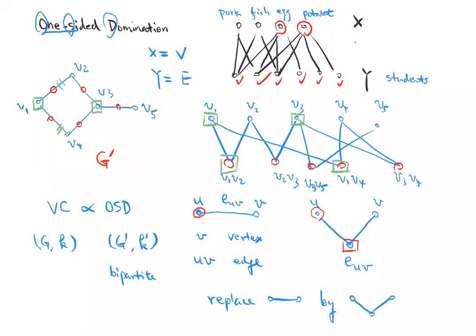K prime is the same as K, because the vertices we use for G prime are exactly the vertices in the vertex cover on the X side. We use vertices on the X side to dominate, so it's exactly these two vertices. Other vertices on the X side we don't care about. We only need these vertices to dominate the Y side.